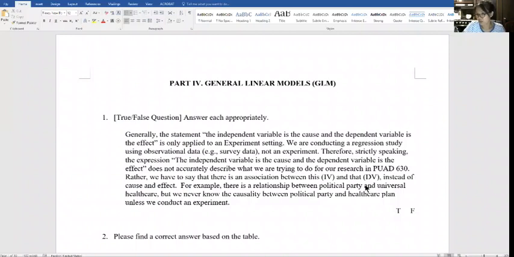Independent variable, dependent variable, these terms are from a laboratory experiment perspective. But we generically use those terms even in the observational study setting. More accurate terms are predictors or outcome variables, or X variables, Y variables.